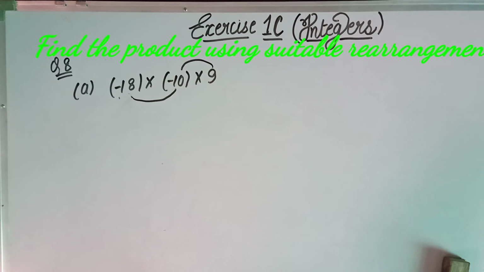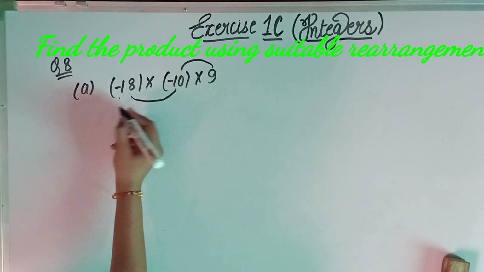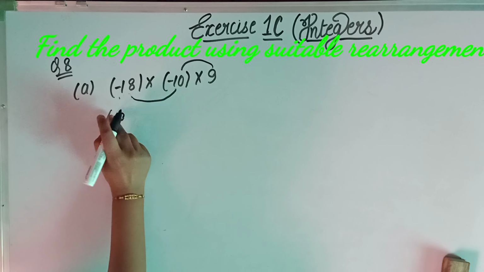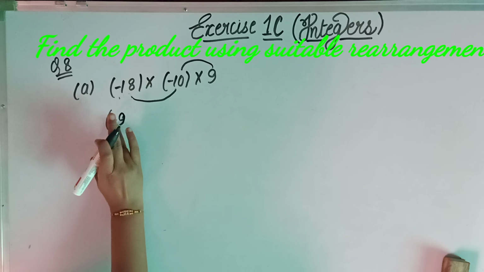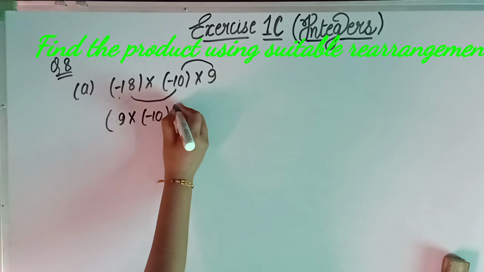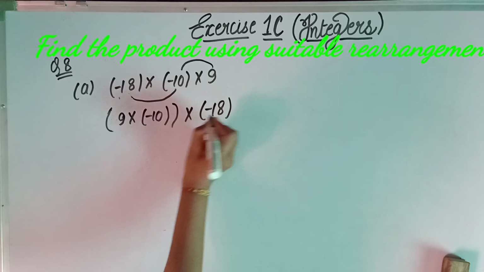You can choose either of these two to make a group. So let me choose 9 times 10, which is 90. So here I can say minus 9 multiplied by minus 10, multiplied by minus 18.